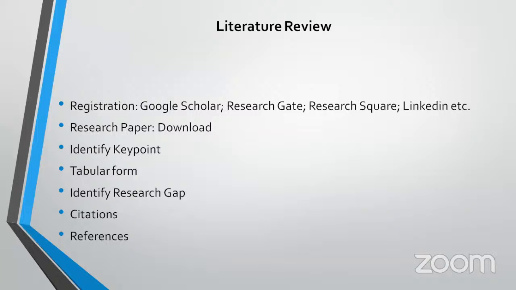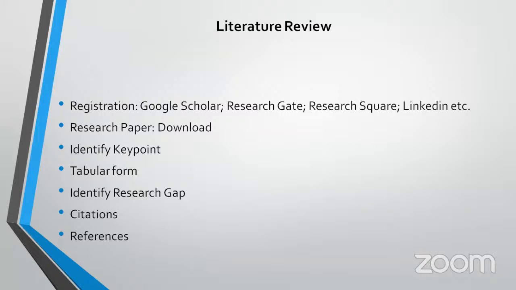The key point I have already told: if it is product design, or if it is HR, then employee satisfaction, job satisfaction, or whatever you want to do, you put that as a keyword. Then you have to go for tabular form. After collecting so many papers, say 50 papers minimum, it may be extended, you have to go through them, read thoroughly, and represent them in a tabular form.